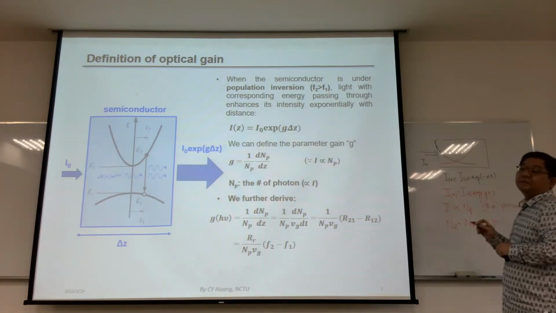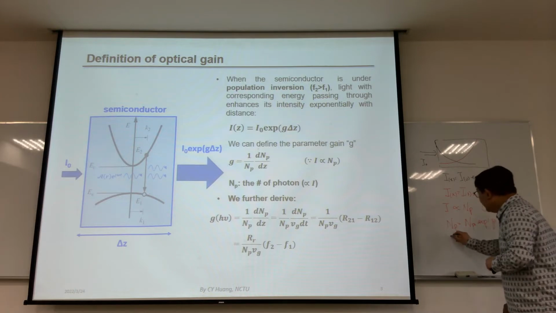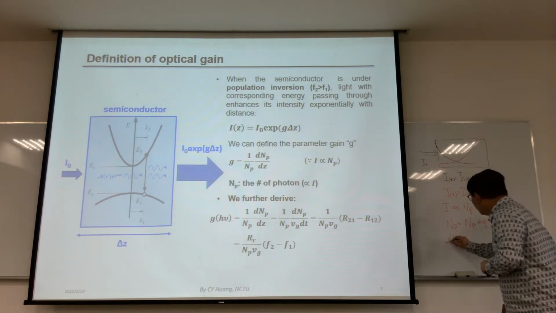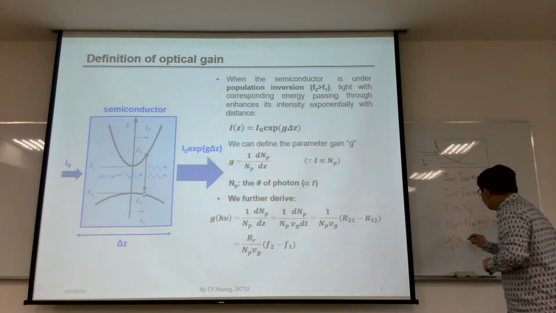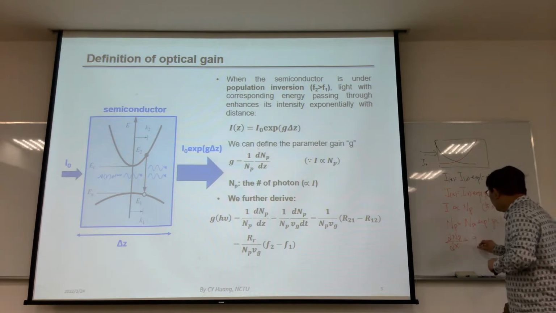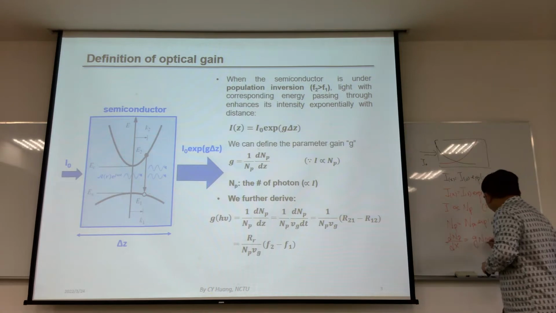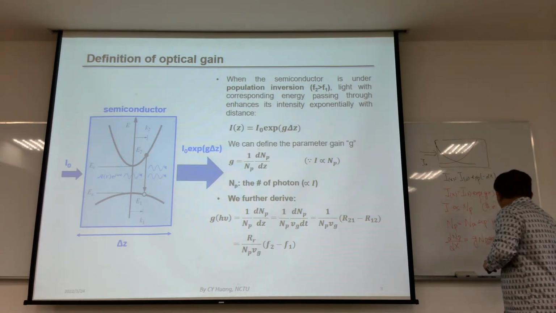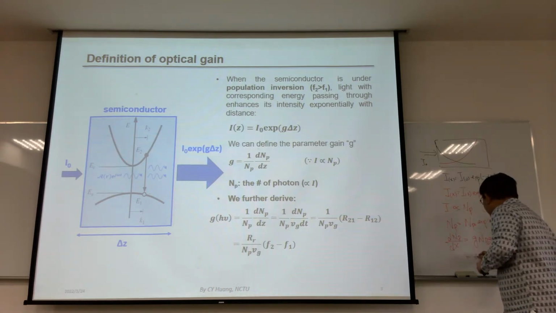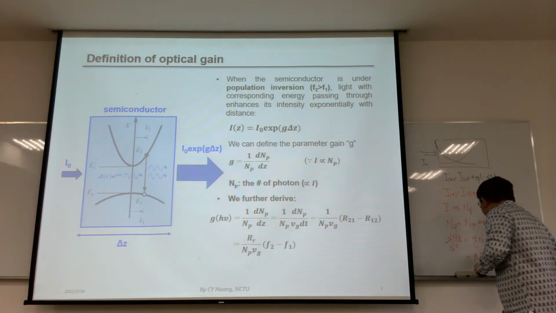If the material is providing gain, then dN_P over dx is equal to g N_P.